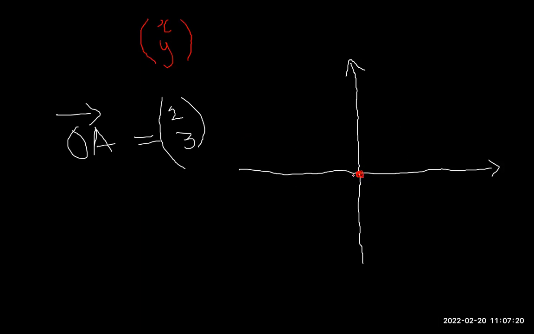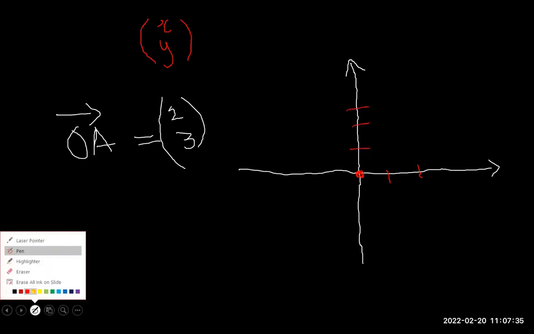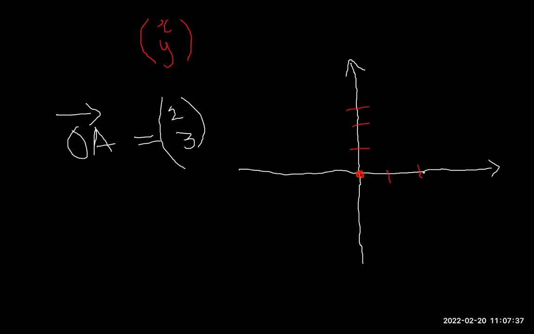From my origin here, moving 2 spaces to the right, so let's say this is 1, this is 2. And then from this point here, I'm moving 3 spaces up. So 1, 2, 3. Therefore, after moving 2 spaces to the right and 3 spaces up, this point right here would be my point A.